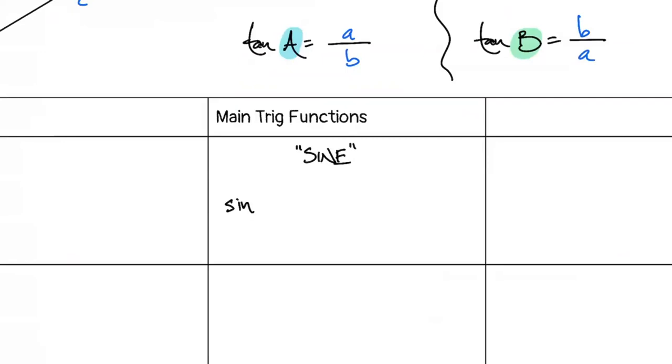So sine of theta, right? There's that Greek letter theta again. It's like a 0 with a horizontal line across it. Sine theta is defined as the ratio between the opposite side and the hypotenuse.